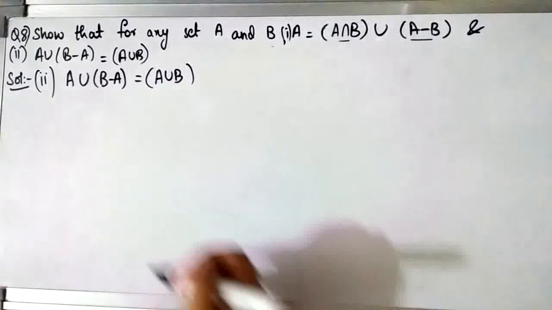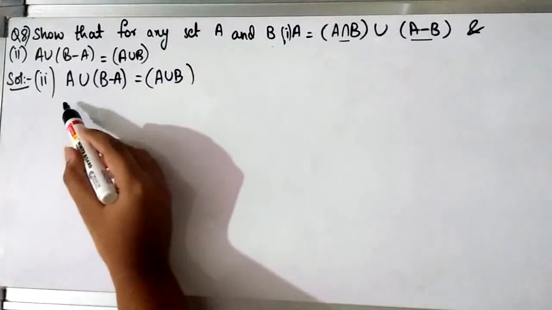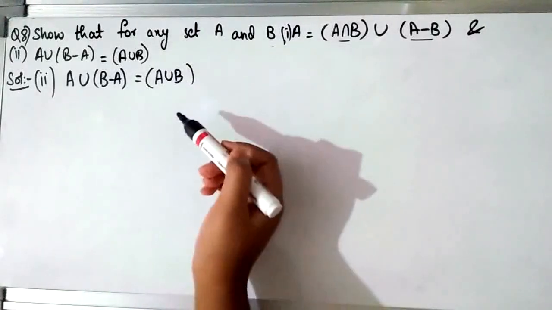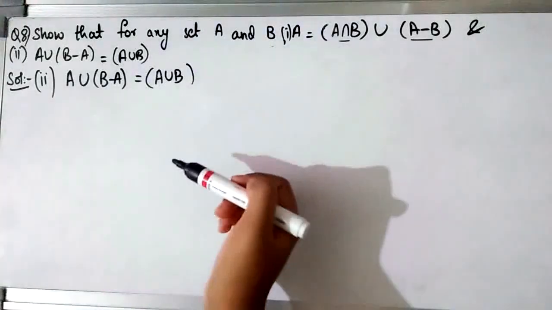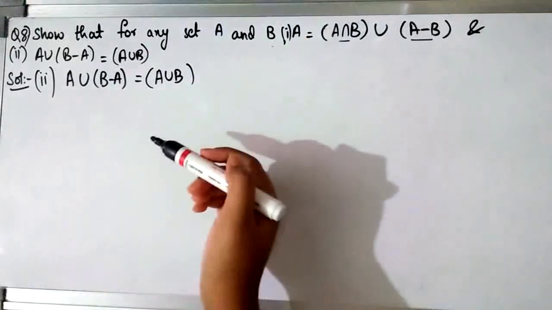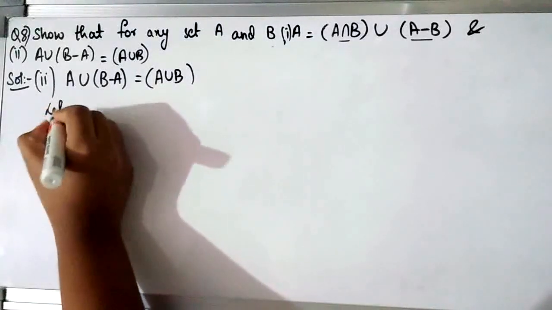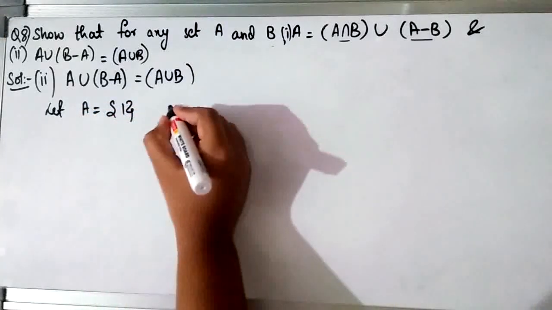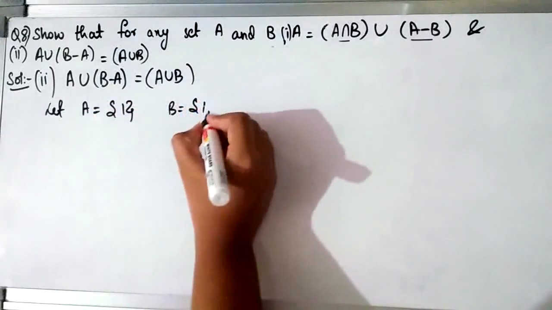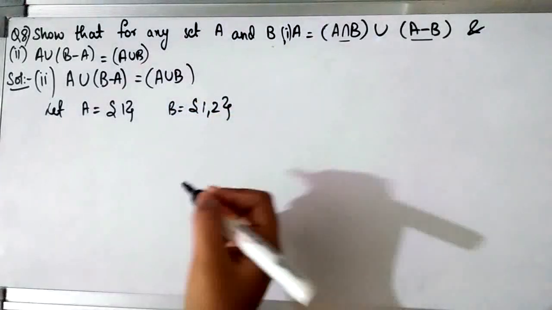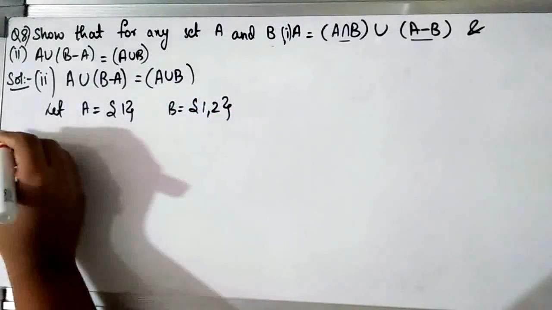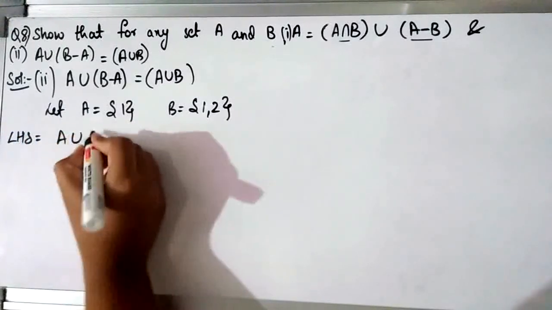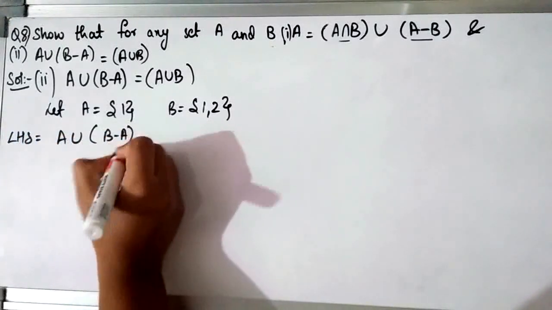Now let's see our second bit. It says that A union (B minus A) is equal to A union B, and we have to prove that. Let's do the first method, the normal method where we take our sets. Let us take A to be {1} and B to be {1, 2}. Now let us take both LHS and RHS. LHS will be A union (B minus A).